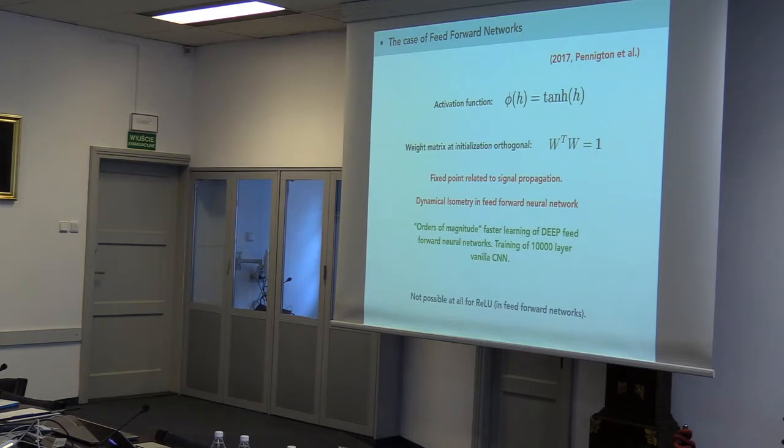In fact, they showed that it's not possible for example for the much more often used rectified linear unit activation function. And this insight allowed them to train, orders of magnitude faster, another type of neural network called a convolutional neural network that had 10,000 layers, so extremely deep.